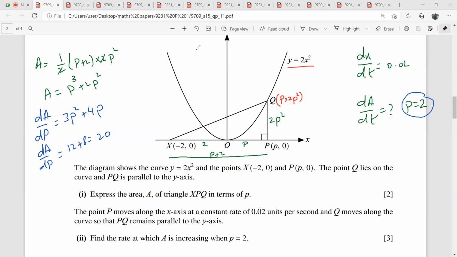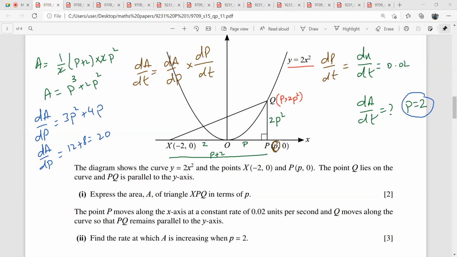So now we can find the required thing through establishing a chain here. So we have to find dA by dt. Now you see this P is basically representing your X. So you should allow me to write dP here, and you can assume that this is your dP by dt, because p is basically representing the x coordinate.